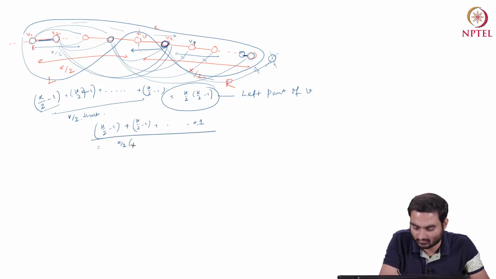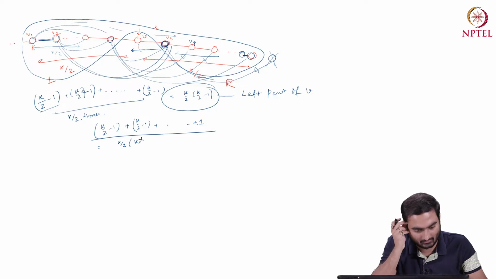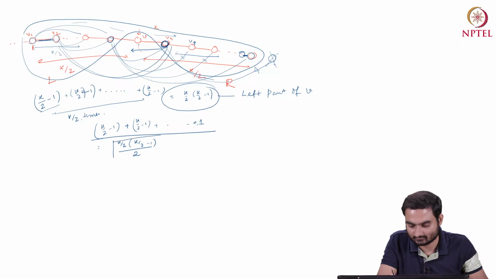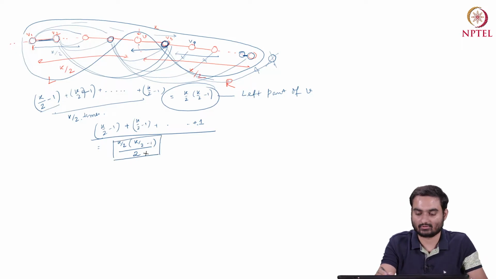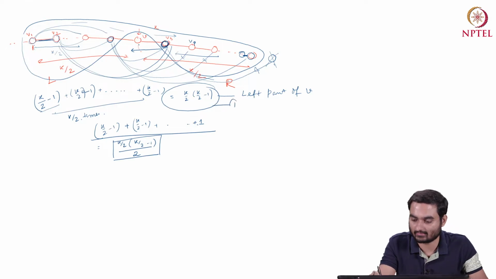Basically, this is k by 2 into k by 2 minus 1 by 2. This is the sum. So the total number of edges among the neighbors of V is this number 1 plus number 2, number 1 plus number 2.